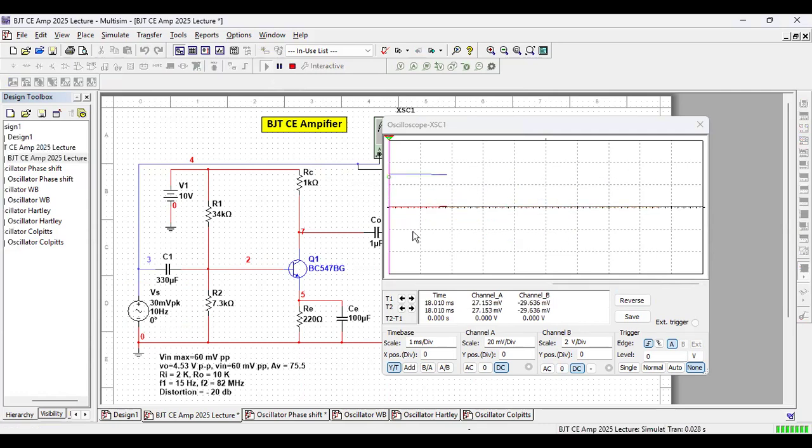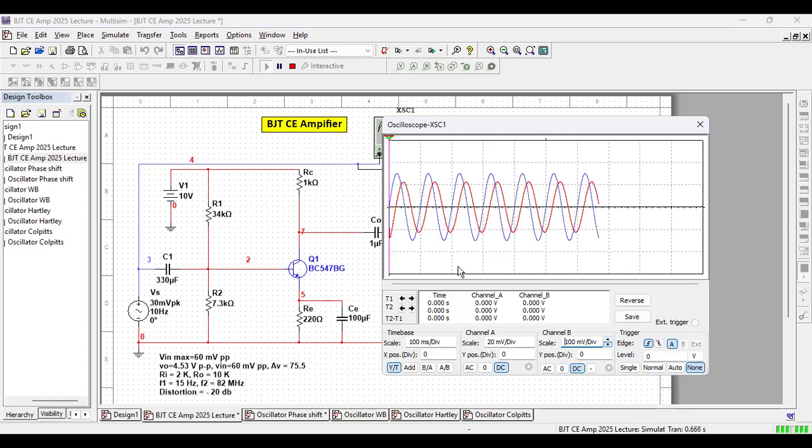Then we run it and adjust the frequency scale to 10 hertz, and the output also I adjust so that you can see. Now you see the phase difference between the input and output is not 180 degrees anymore.